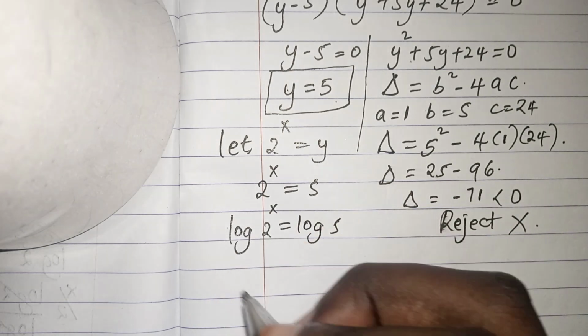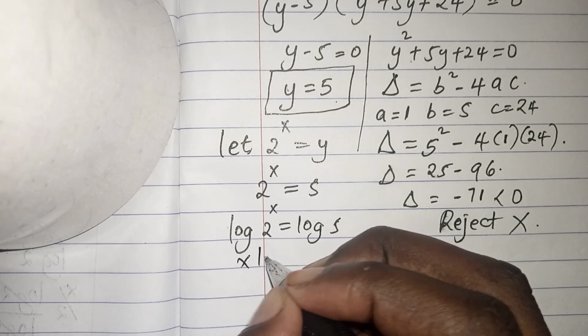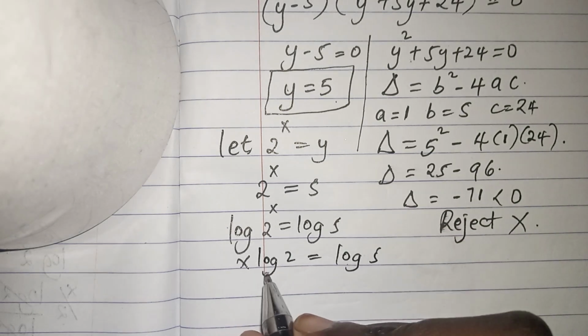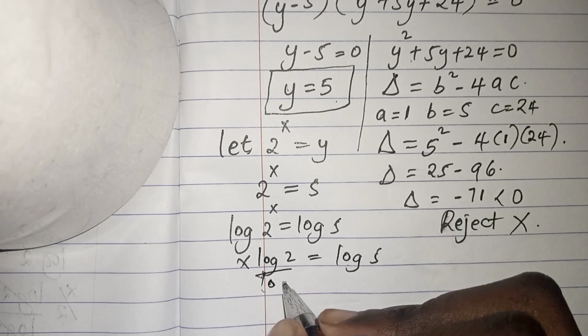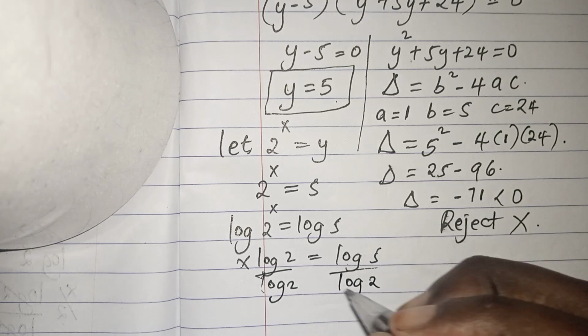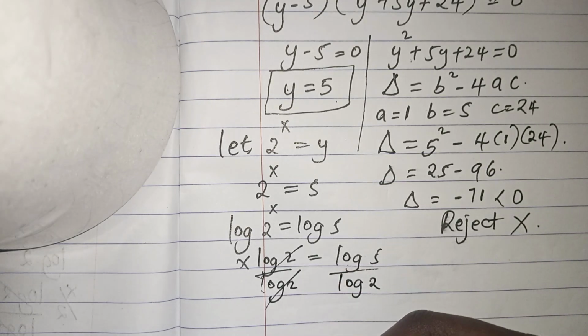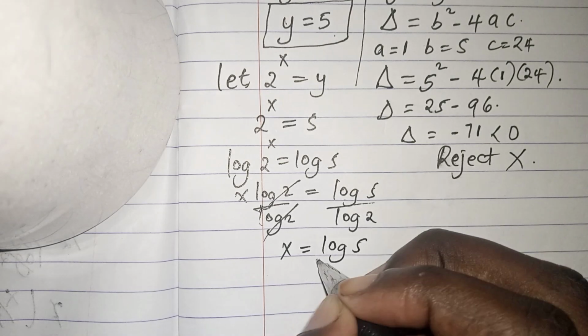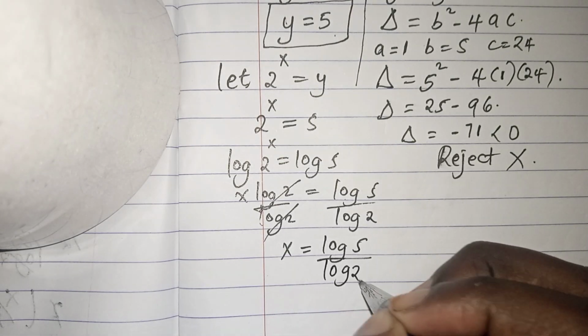So we shall bring this power here before the log. So x log 2 is equals to log 5. So to remain with x, we shall divide both sides by log 2, this side by log 2. So this and this will cancel. X is equals to log 5 over log 2.